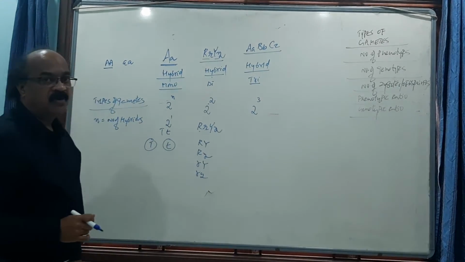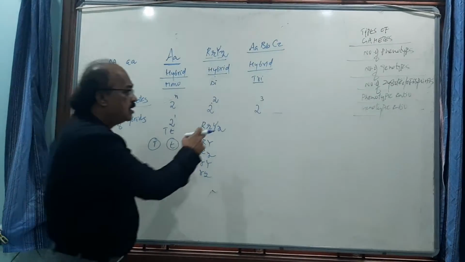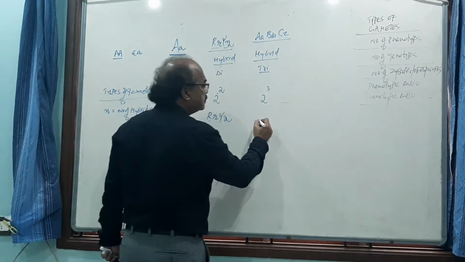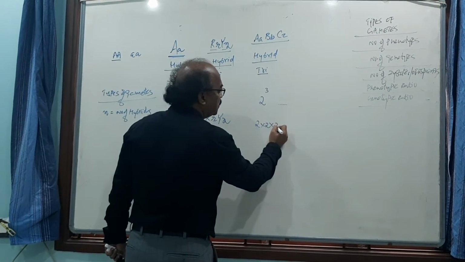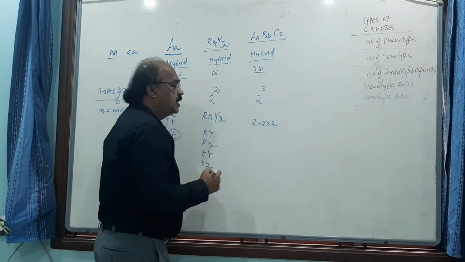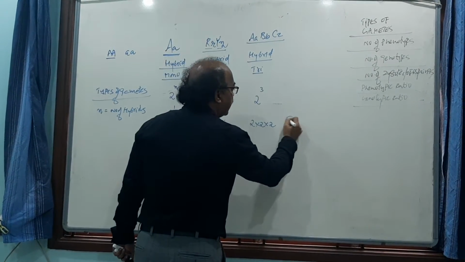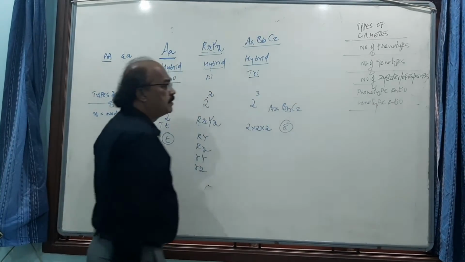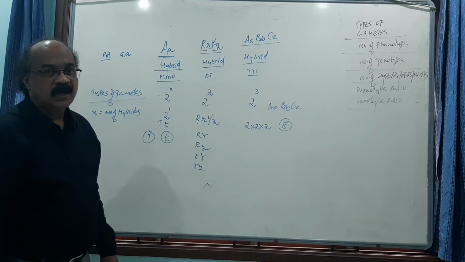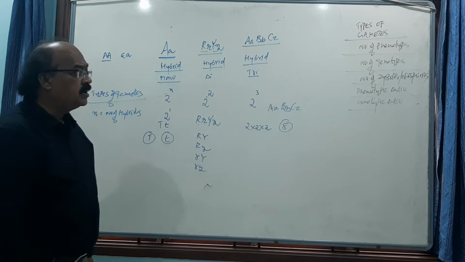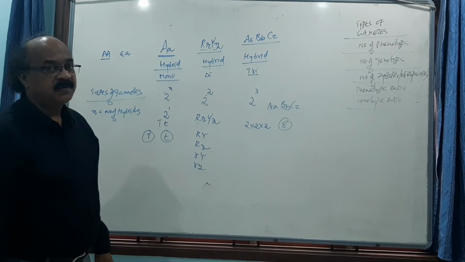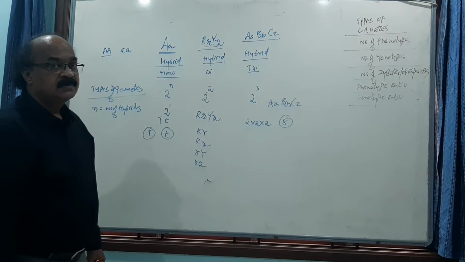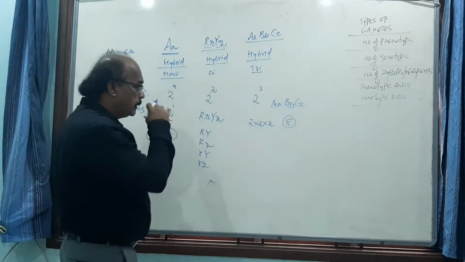In a trihybrid cross, 2 into 2 into 2, you are getting a total of 8 types of gametes. Capital A small a, capital B small b, capital C small c. You have 3 types of hybrids, so it is a trihybrid cross.